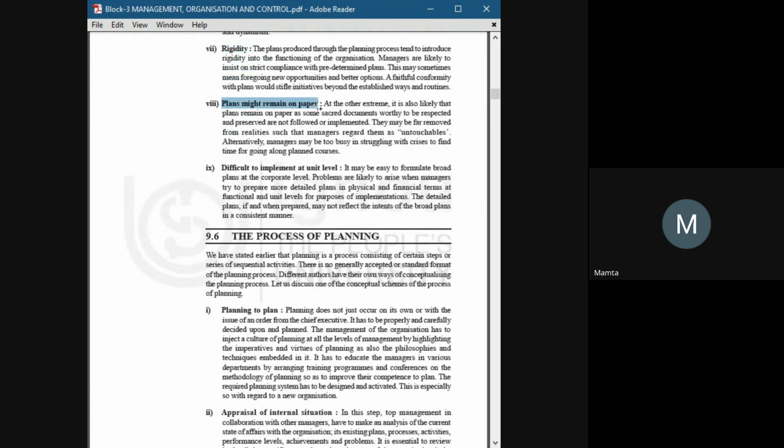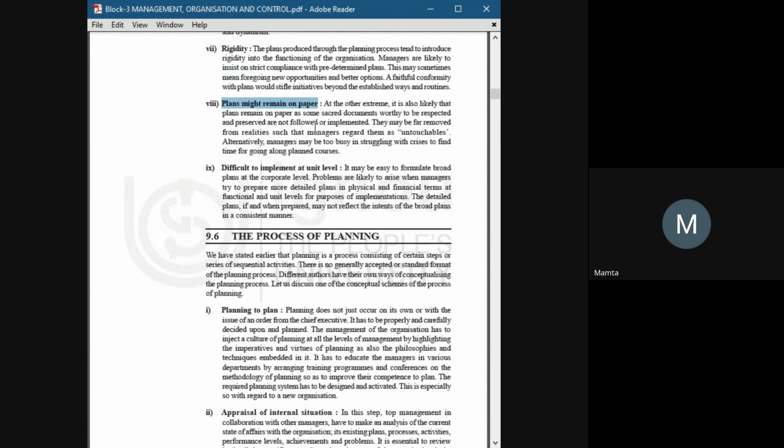Plan might remain on paper. Plan might remain on paper means there is no execution of that plan. In our childhood, we used to create a timetable for our study.